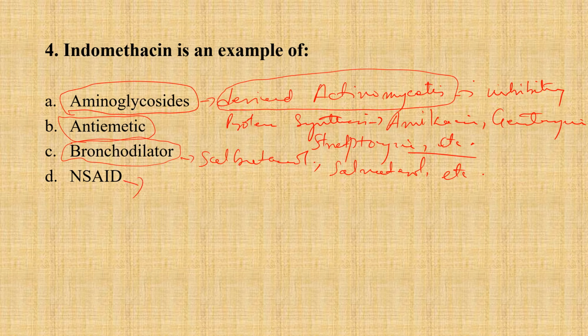They are a group of drugs which are used to treat fever or pain and some other inflammatory processes. And these NSAIDs are classified as non-selective, selective, and COX-2 selective NSAIDs.